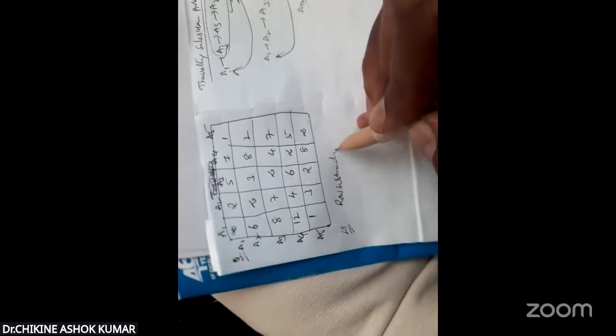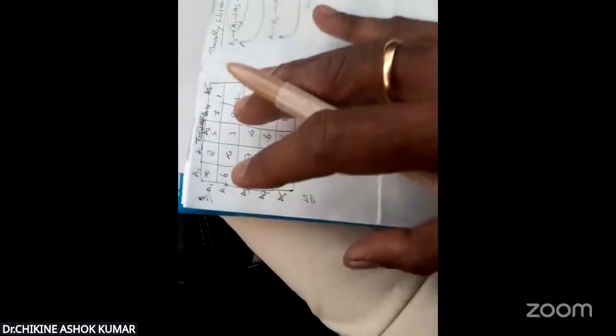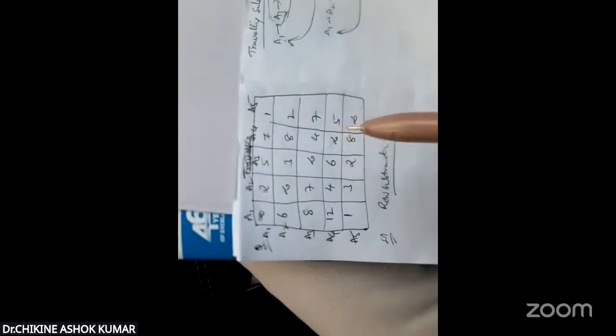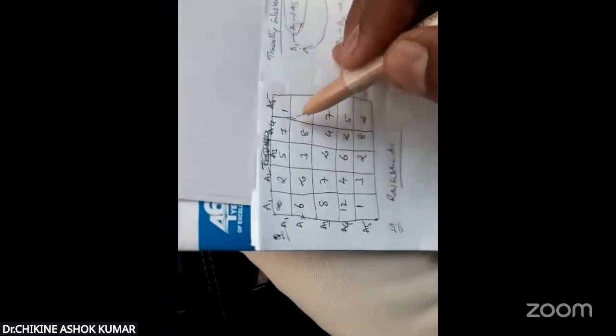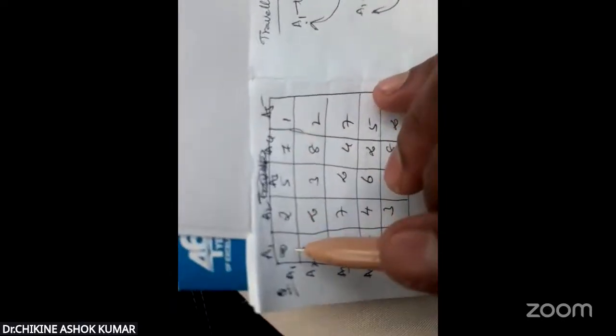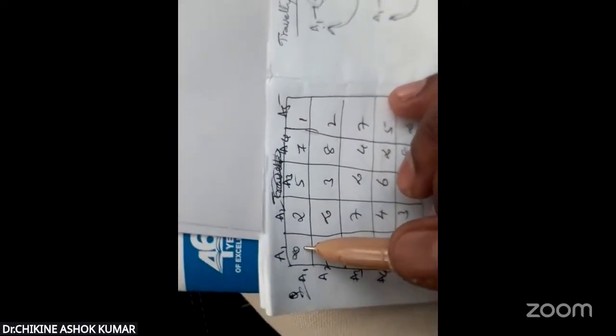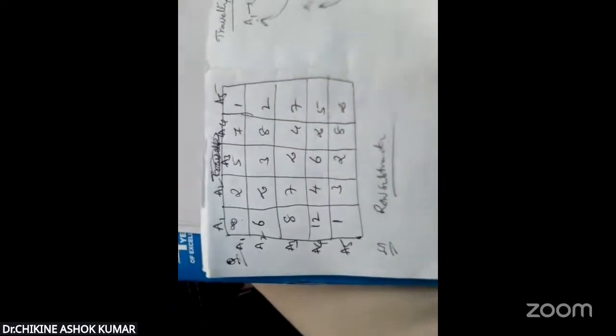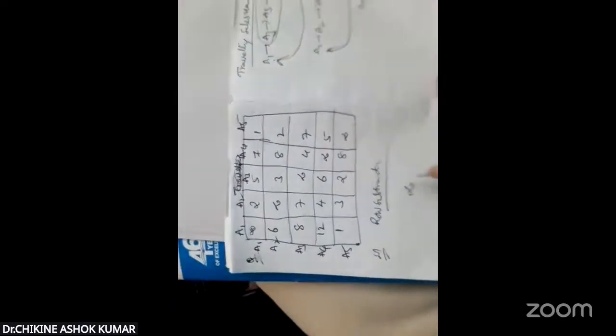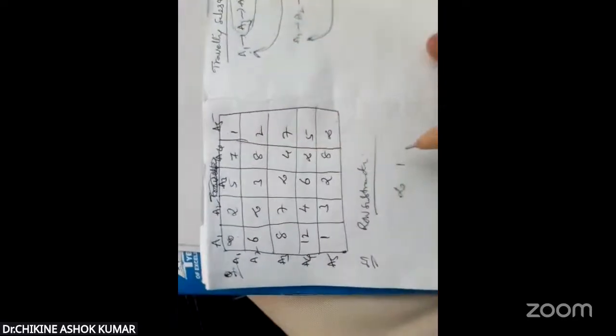We take the least element and subtract it row wise from that corresponding row only. In the first row, infinity means maximum; among 2, 5, 7, 1, 1 is the least. So we subtract 1 from all the remaining elements. Infinity minus 1 is still infinity. 2 minus 1 is 1. 5 minus 1 is 4. 7 minus 1 is 6, and 1 minus 1 is 0.